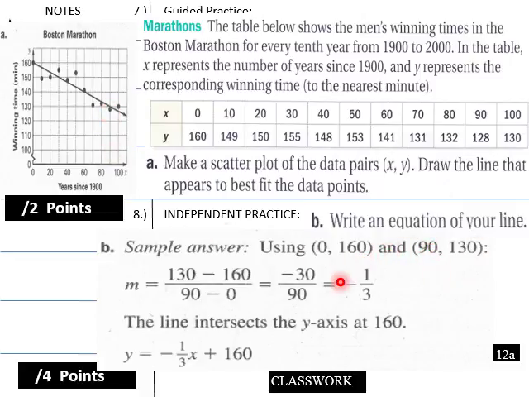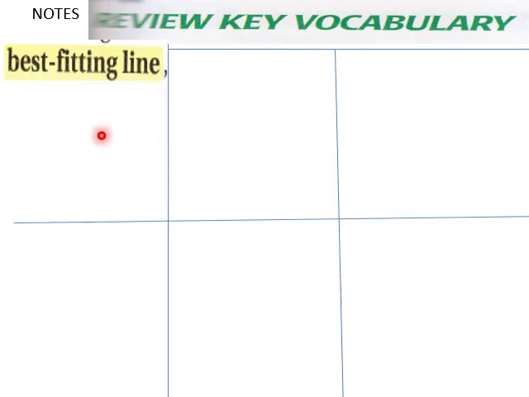We use that to figure our slope, which is negative 1/3, and then we stick that in for m. The line intersects the y-axis at 160. That is our b right there. So negative 1/3 x plus 160 would be an acceptable equation for this line.